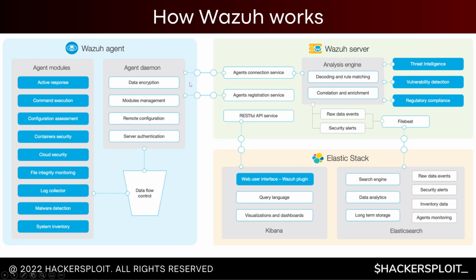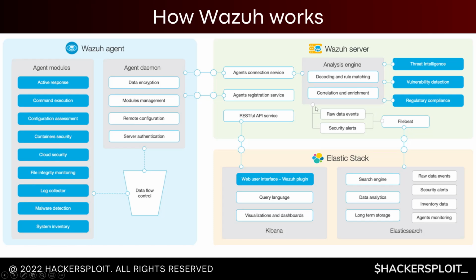So as you can see on the Wazuh server, the actual connection from the Wazuh agent comes into the agent connection service. That goes into the analysis engine for decoding, rule matching, correlation, and enrichment. This can be used for threat intelligence, vulnerability detection, and of course regulatory compliance.